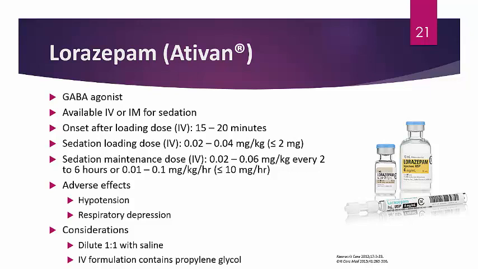This propylene glycol, when administered at high doses for long periods of time, can actually cause a metabolic acidosis, which is an anion gap metabolic acidosis, and hypotension as well. So that is one of the reasons that lorazepam can cause hypotension, in addition to the fact that it is a benzodiazepine agent. So that's an important fact to know about.